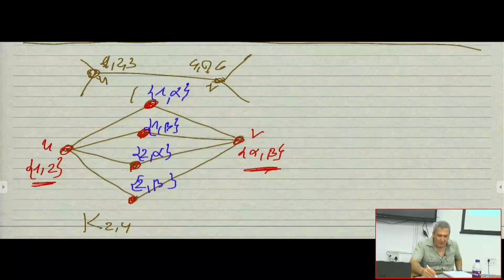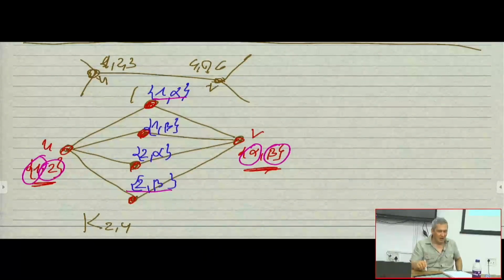Because whatever we choose here, let's say color 1, and here color alpha, we have here a vertex with 1 alpha. Or 2 and beta, we have here a vertex with 2 beta. Whatever color we choose for U, whatever color we choose for V, when we combine these 2 colors, we have a vertex with precisely this list in the middle somewhere.